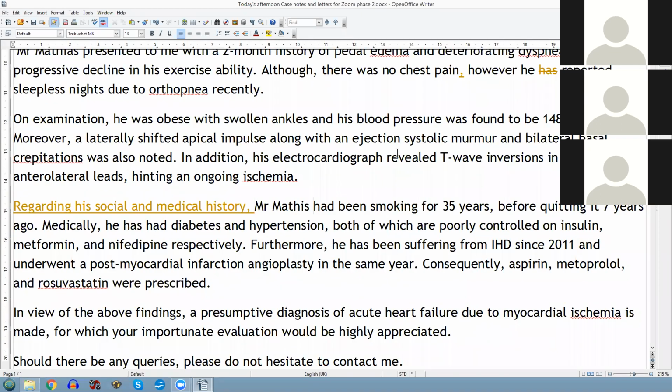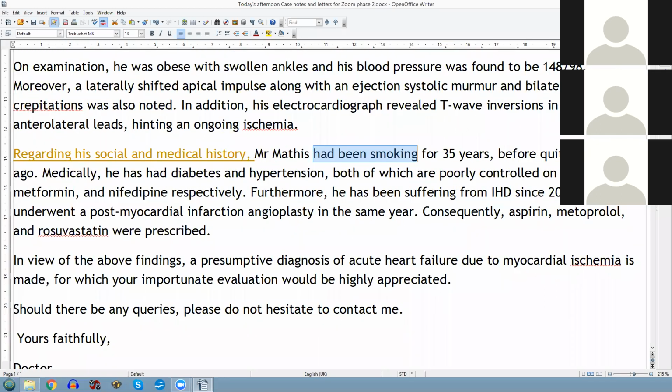Okay, we've got past perfect continuous. Very good. Before quitting, medically, he has had diabetes, present perfect, both of which are poorly controlled. So he has had, well, if they are poorly controlled now, the inference is he has them still. So we wouldn't use the past there. He has. Furthermore, he has been suffering. Good though.